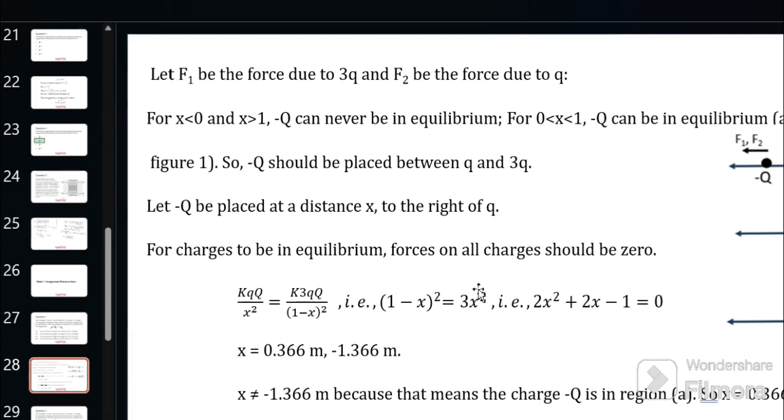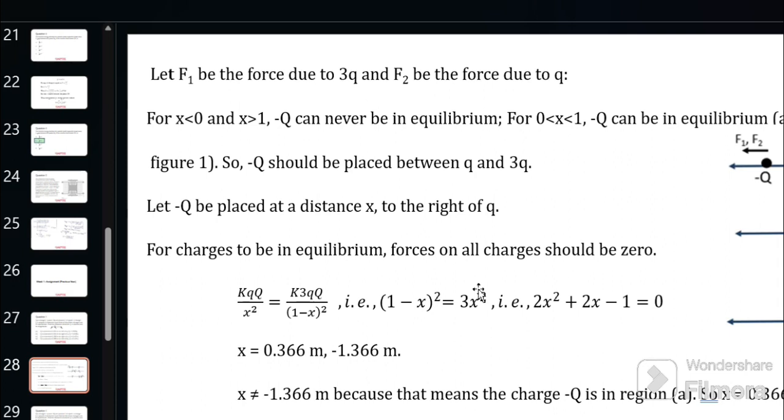Basically we consider three cases. In the first case we have the minus Q to the left of both the charges. This is not possible because it will not be in equilibrium.